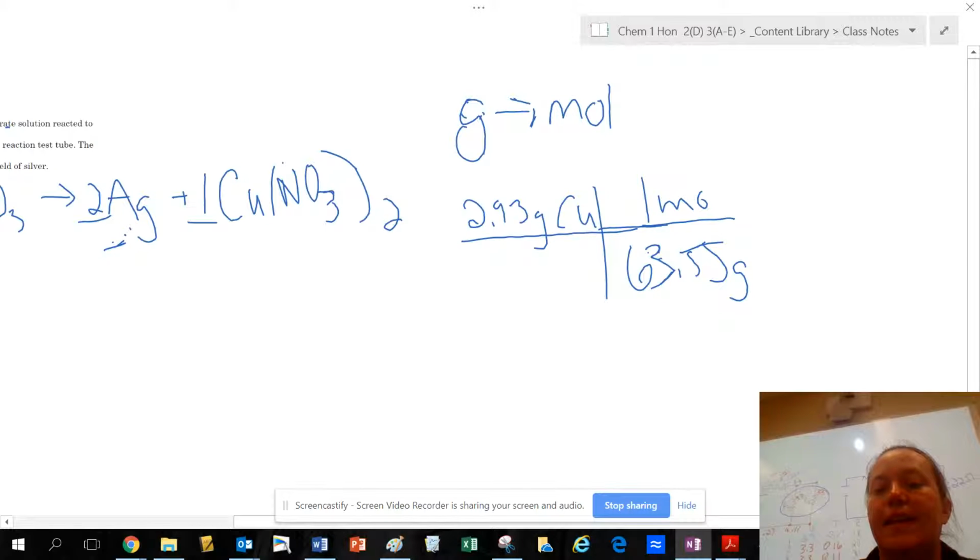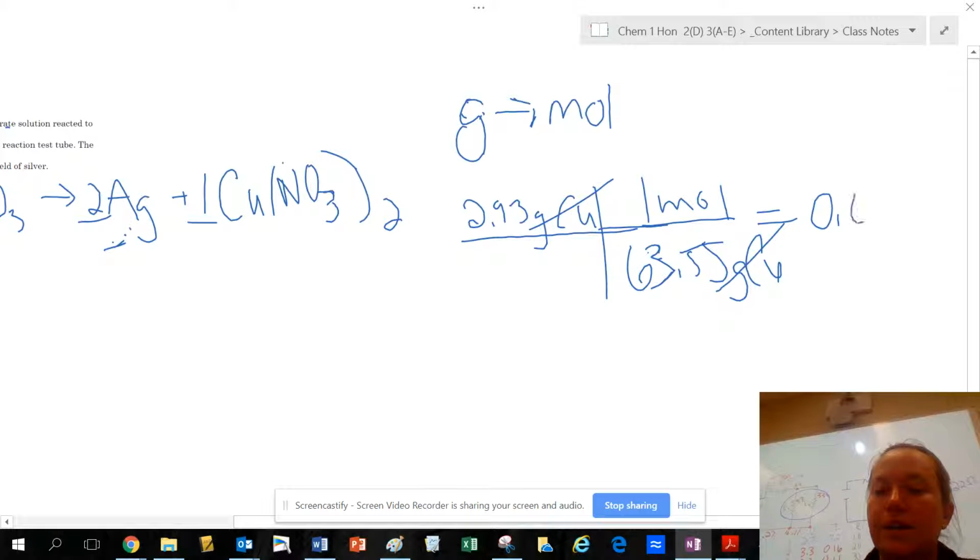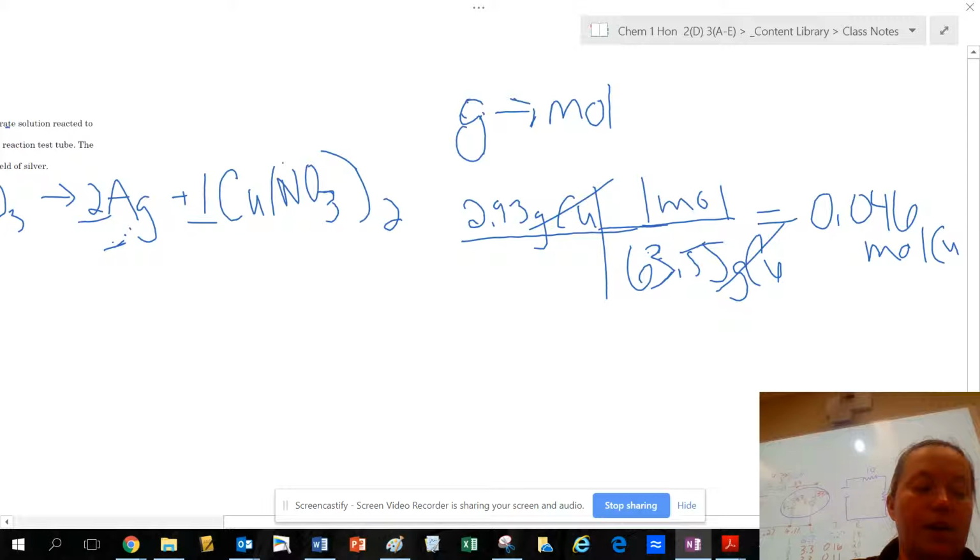I know I need to put that down there because I need these units of copper to cancel. I do the arithmetic, and I get 0.046 moles of copper.